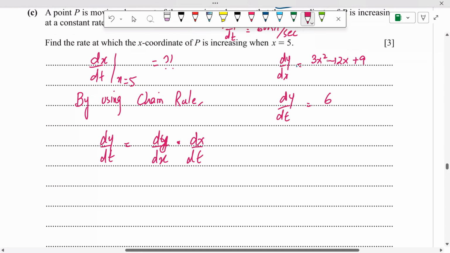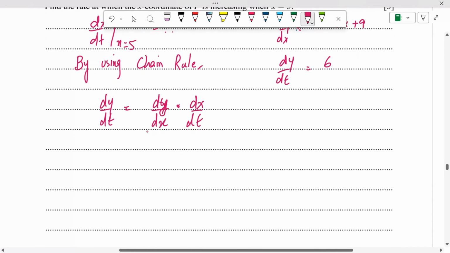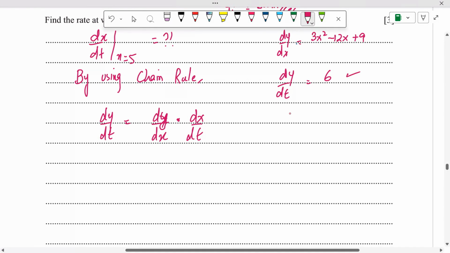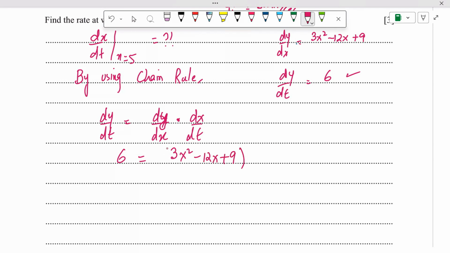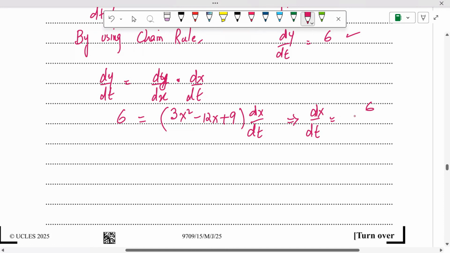Now plugging the values of dy over dt and dy over dx in this equation, we will have dy over dt is 6. 6 is equal to dy over dx, which is 3x square minus 12x plus 9 times dx over dt. We need to find dx over dt. So dx over dt is equal to 6 over 3x square minus 12x plus 9.